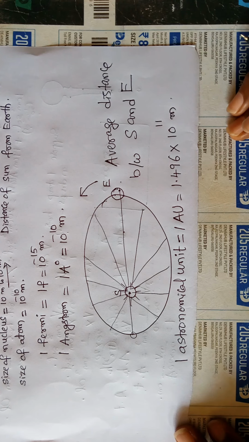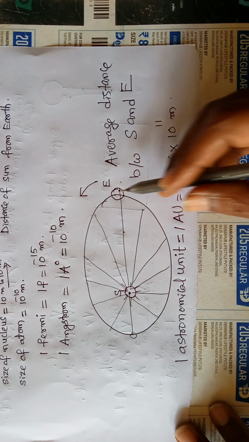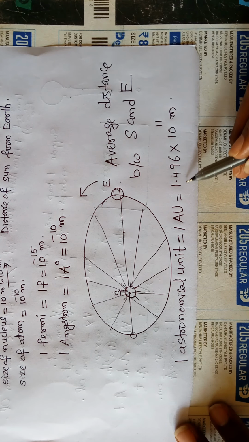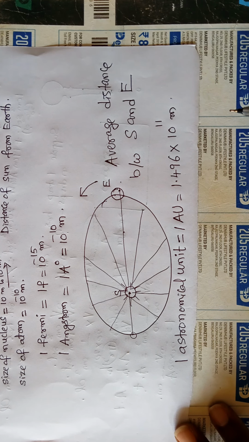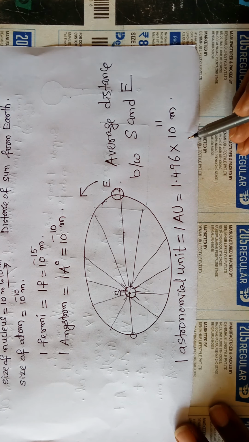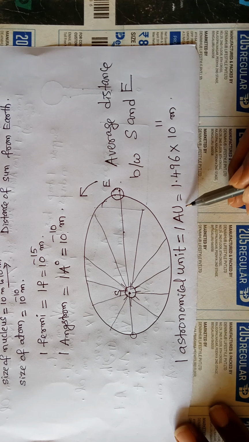The average distance between sun and earth is 1.496 into 10 power 11 meters, and that is denoted by 1 AU, and that is called 1 astronomical unit.